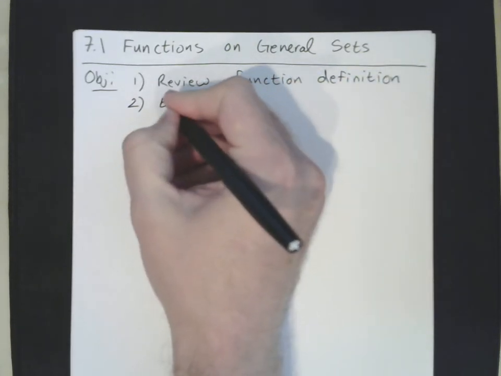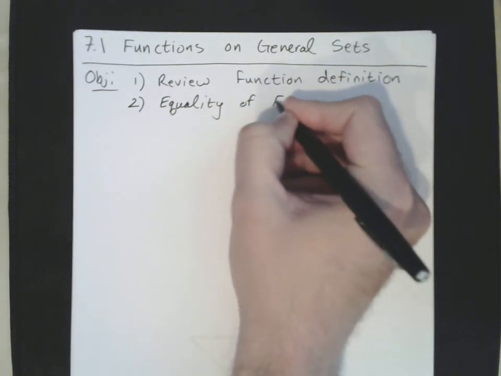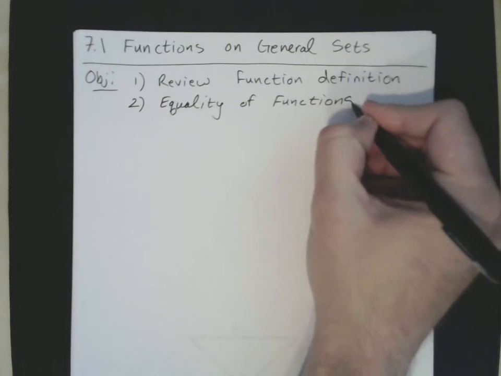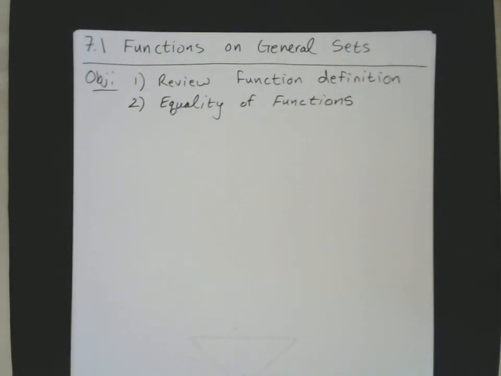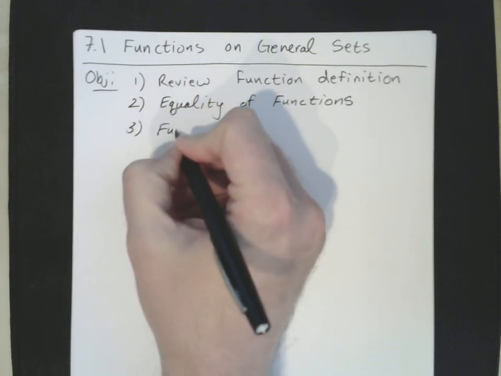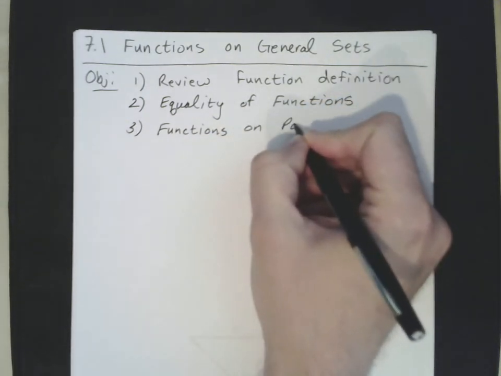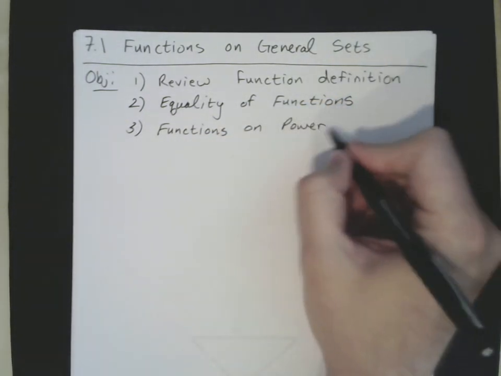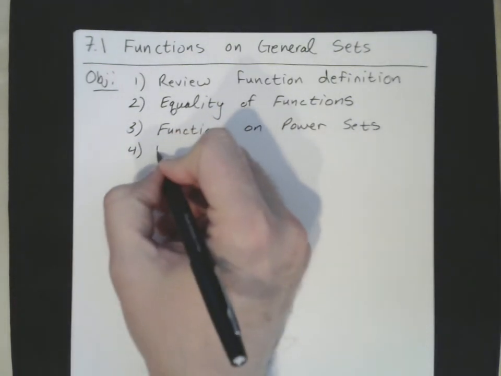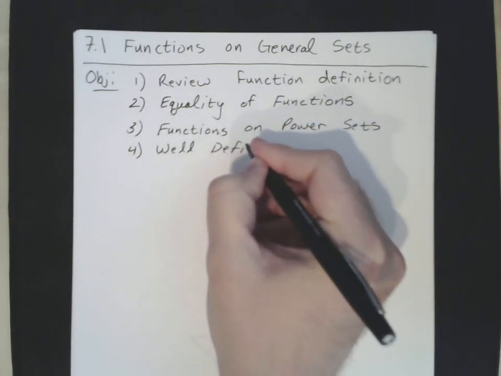Second thing is looking at equality of functions. And this is going to be primarily from a set theory perspective. And then we're going to talk about functions on power sets. We're going to use a nice little example to talk about this. And then finally, we're going to go over what it means for functions to be well defined.